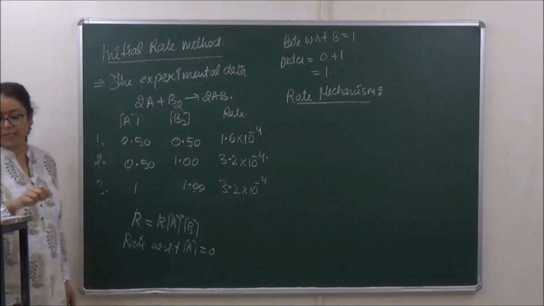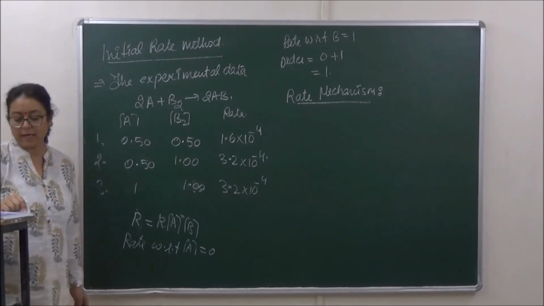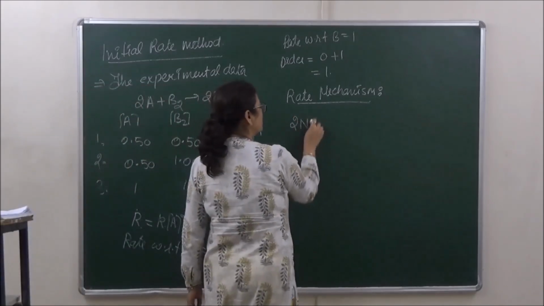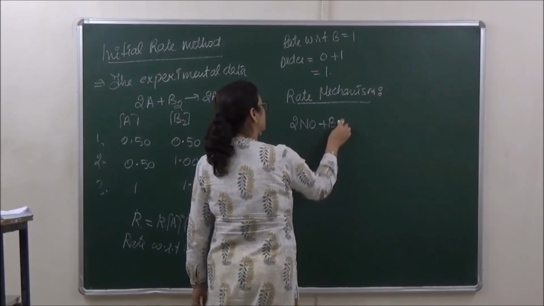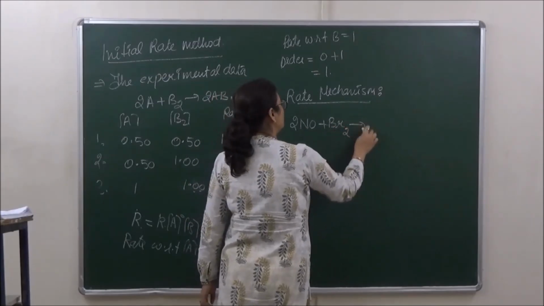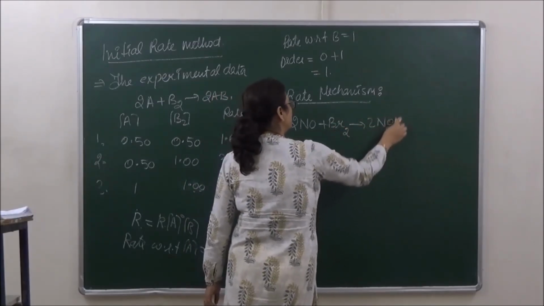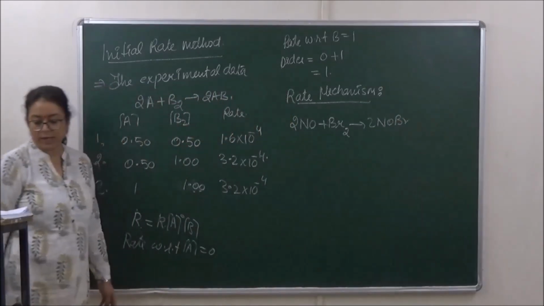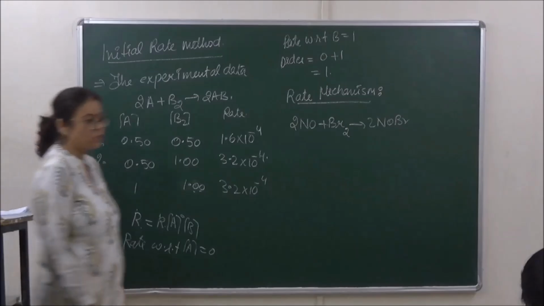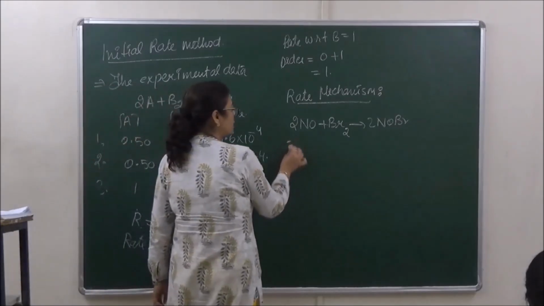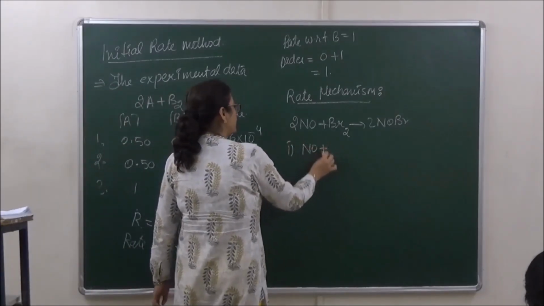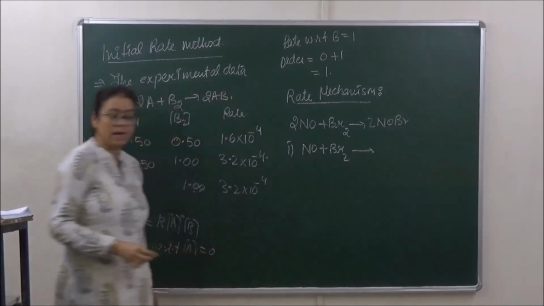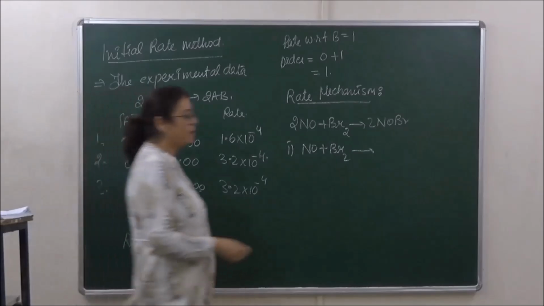Right? For example, if we are taking into consideration a reaction 2NO plus Br2 to give 2NOBr. This is our reaction. When we are looking at the mechanism of the reaction, in the first step NO combines with Br2 to give us NOBr2.